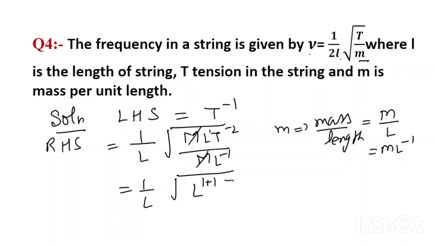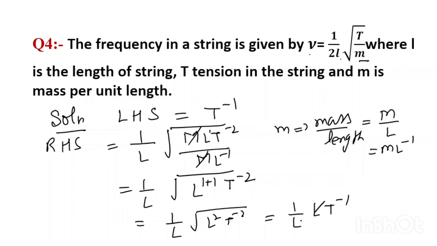So L power 1 plus 1 into T power minus 2. So 1 upon L, this is L square T minus 2. Now do the square root. So this is equal to L T minus 1. L cancels. So this is equal to T minus 1.